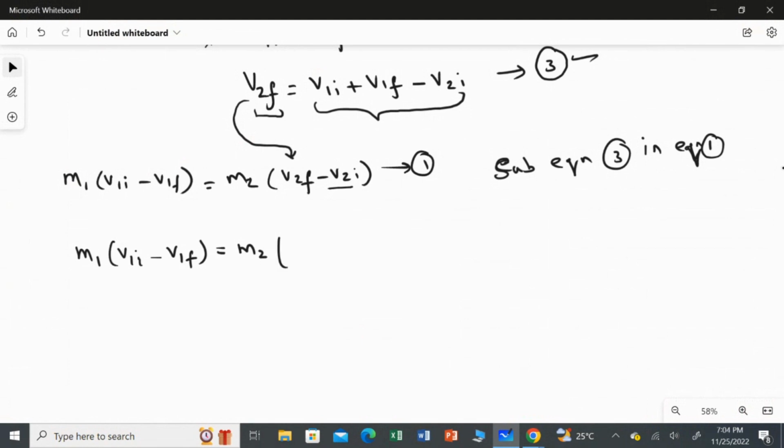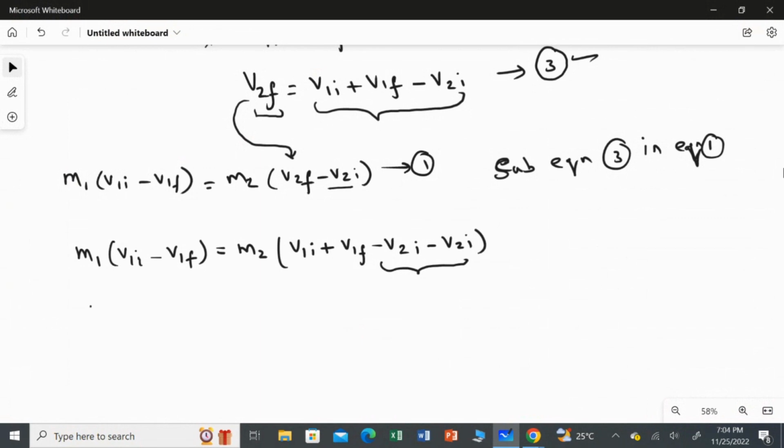So the value of V2 final is V1 initial plus V1 final minus V2 initial, and one more V2 initial is here, so we have to write this V2 initial here, right? Now here, minus V2 initial minus V2 initial is exactly equal to minus 2 times V2 initial, right?